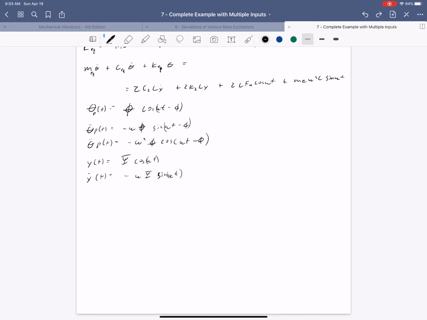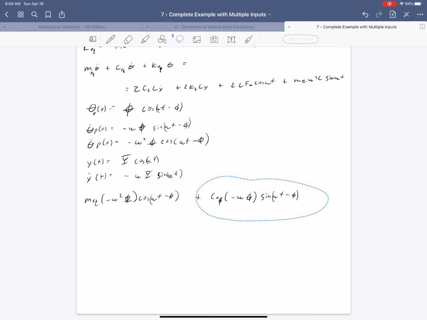Okay, so now we have M_EQ times negative omega squared capital theta cosine omega t minus phi, plus C_EQ times negative omega capital theta sine omega t minus phi, and let's get this room back so we can fit it all together, plus K_EQ times capital theta cosine omega t minus phi, okay?